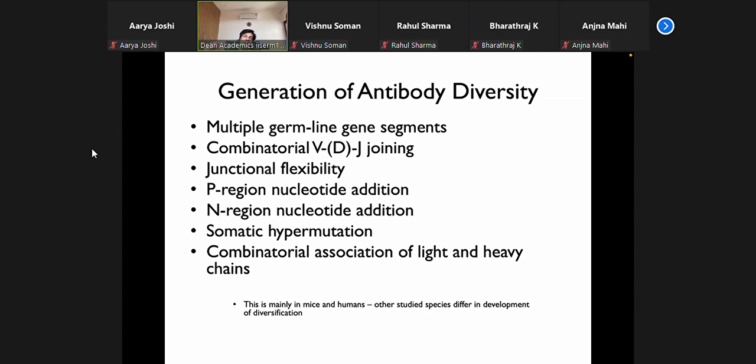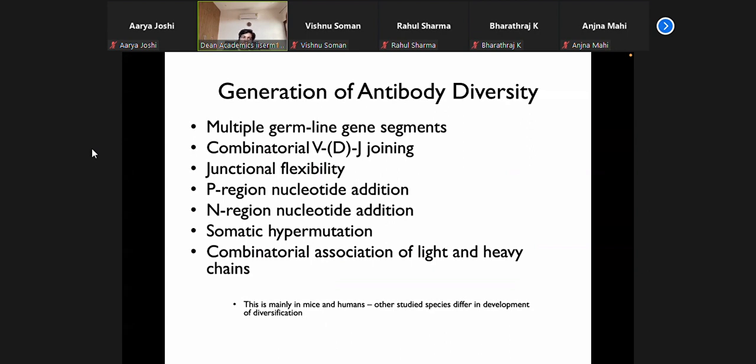Second is maybe these cells become cancerous, and this actually has been shown in some studies, that if you try to make a chimeric cell which expresses both alpha and beta for T cells and heavy and light chains for B cells, and if you try to rearrange all these non-natural combinations, cells are not physiologically relevant.